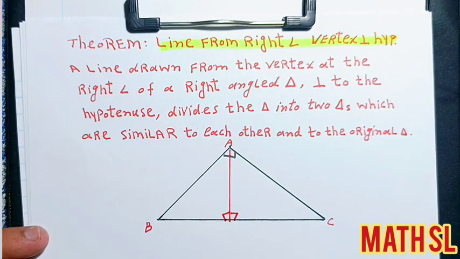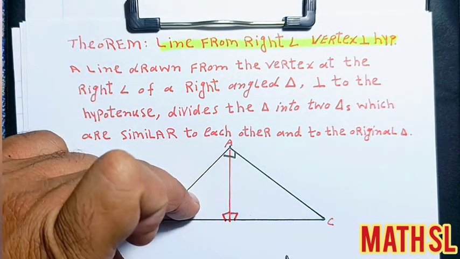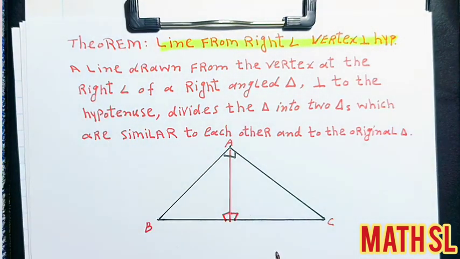Now it divides the triangle into two triangles, one on this side and the other on that side, which are similar to each other, which means both triangles are similar to each other and to the original triangle, the main triangle. I'm going to explain to you how this works.